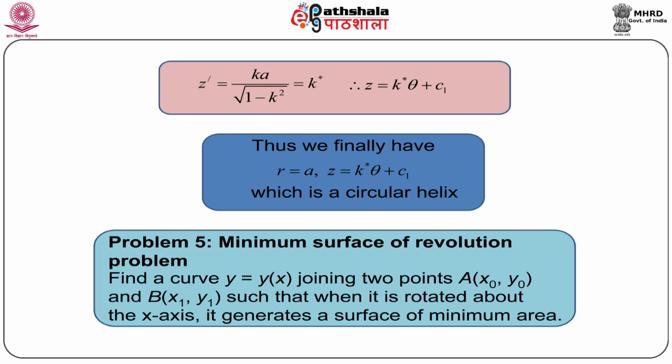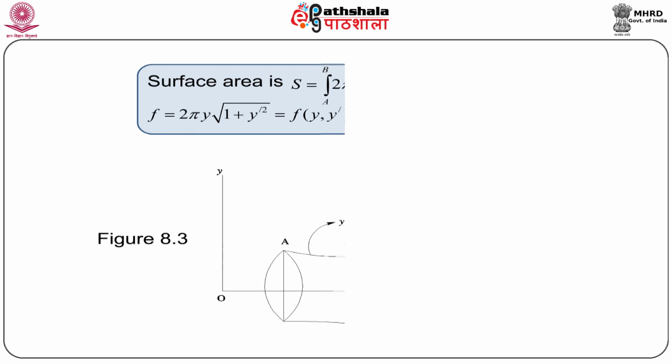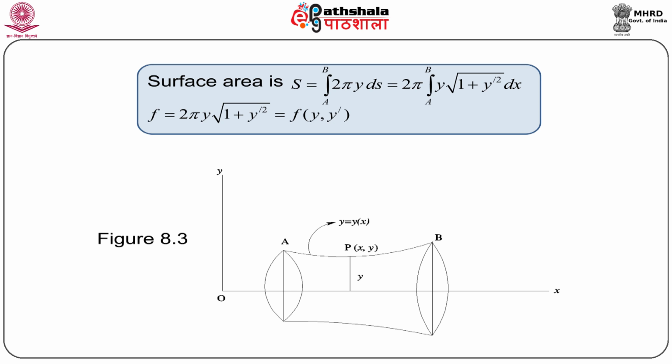Minimum surface of revolution problem. Find a curve y equal to y function of x joining 2 points capital A whose coordinates are x0, y0 and capital B coordinates are x1, y1 such that when it is rotated about the x axis, it generates a surface of minimum area. Consider this figure.